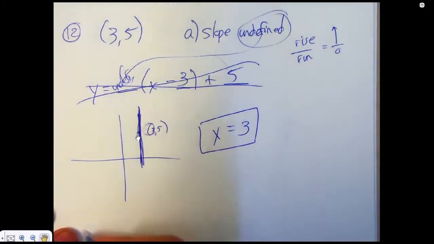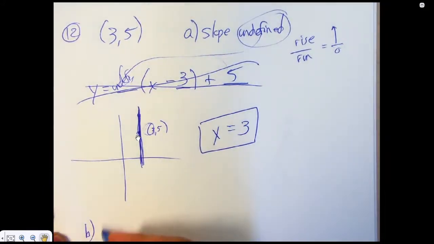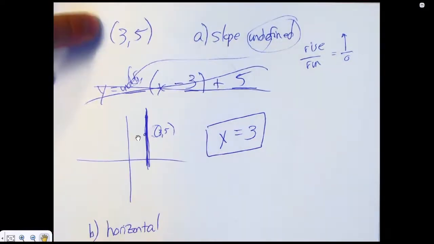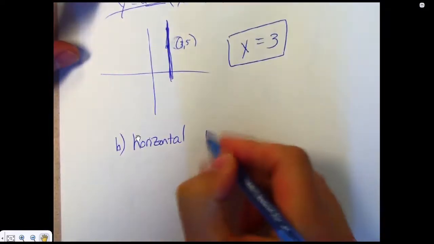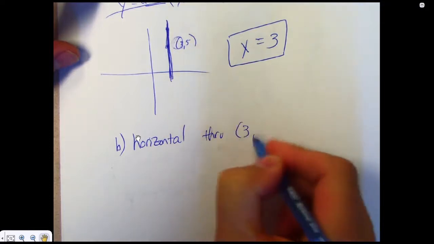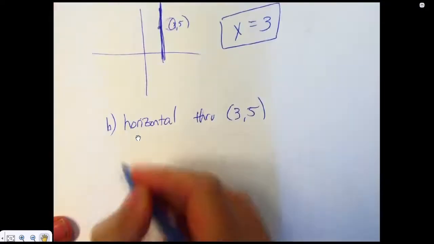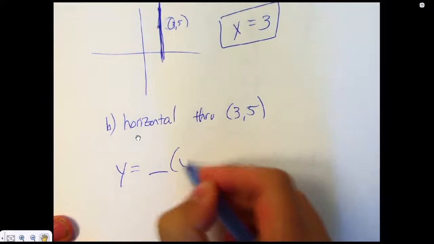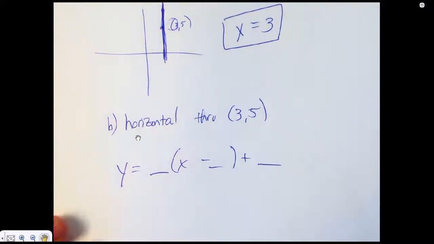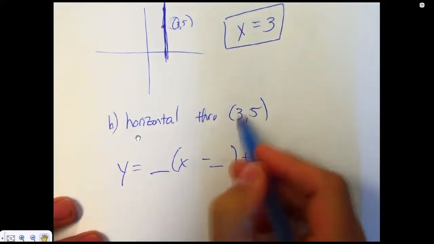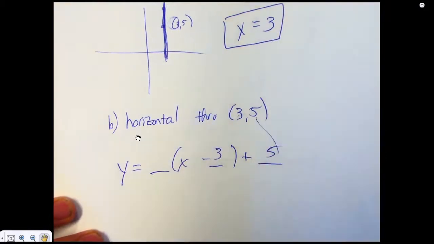Part B, that they didn't ask you, but I am. Let's say it's horizontal. We're still doing (3, 5). But now we got a horizontal line. So now I'm going to go through my process, and I'm going to show 2 ways to do this. One way is people will go, okay, I got my point, bam, bam.